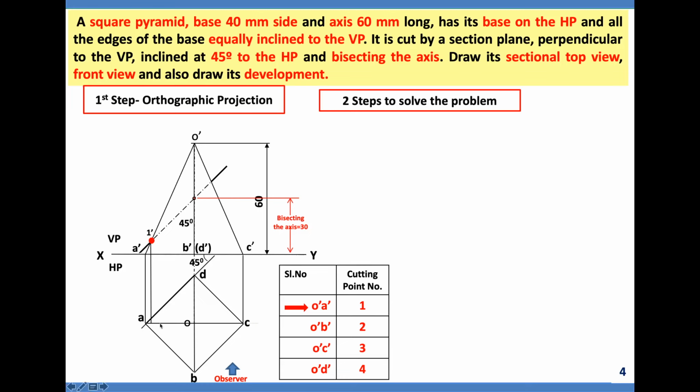It will meet here. There also I'll mark a dot and name this as 1. Next, O dash B dash, having cutting point 2. Here it is, it's a vertical line, O dash B dash, and the cutting line has passed here, so this is 2 dash.